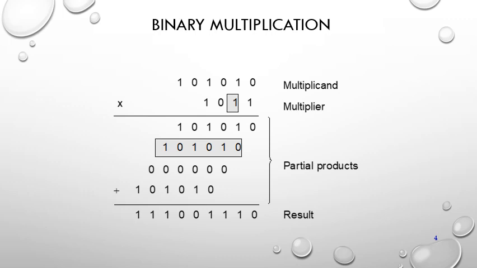If we multiply any number with 1, the same number is presented. If we multiply with 0, just 0 is presented.